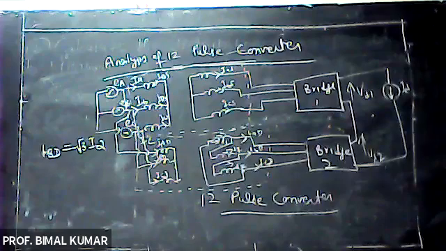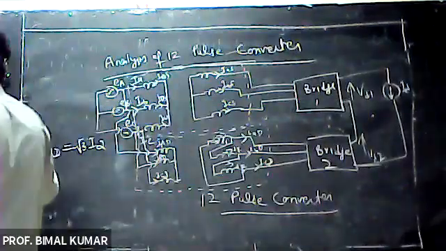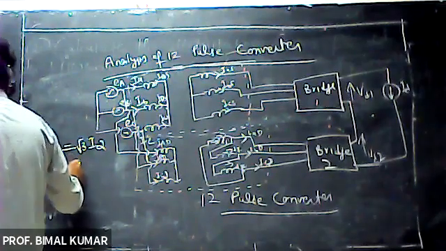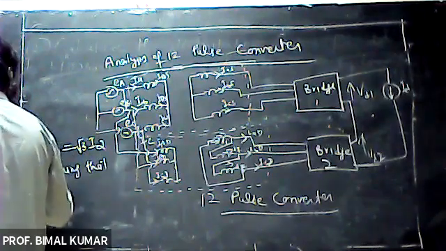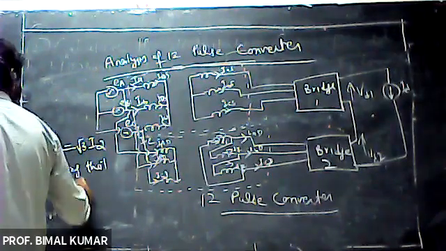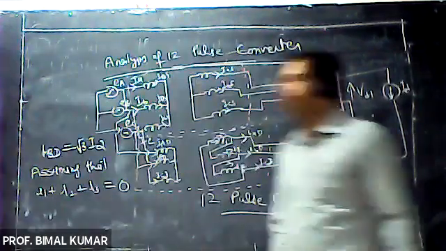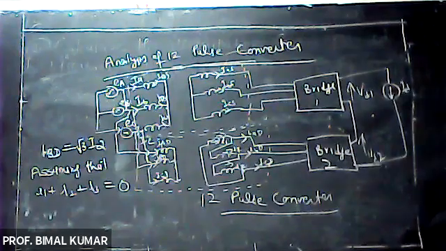Now, we are assuming that I1 plus I2 plus I3 is equal to 0 under balanced condition.